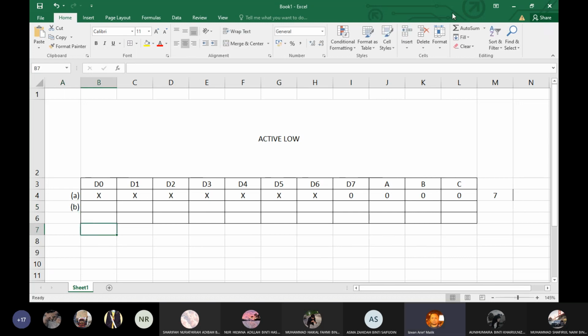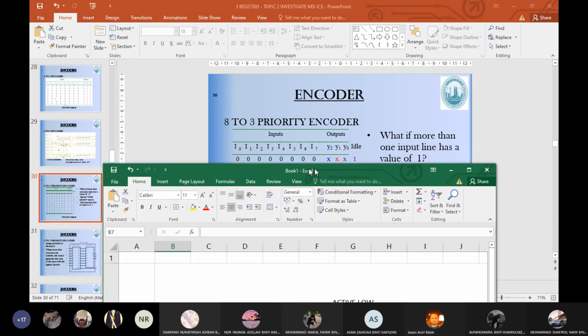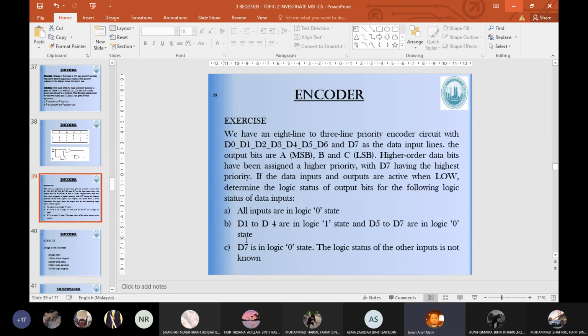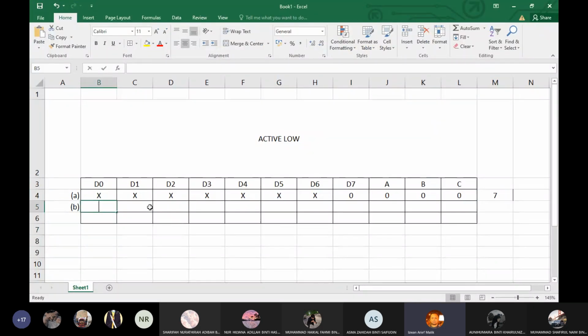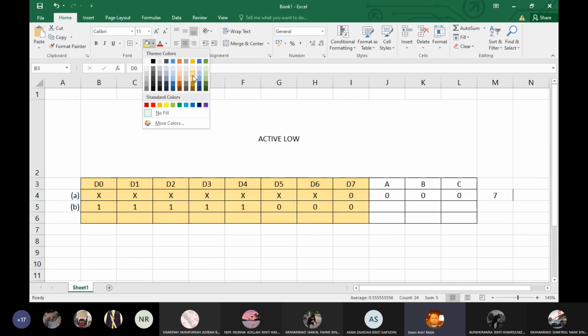What's the question? D1 to D4 is 1, D5 to D7 is 0. So this is 1, 1, 1, 1, 1 and this is 0, 0, 0. Okay, I change color.